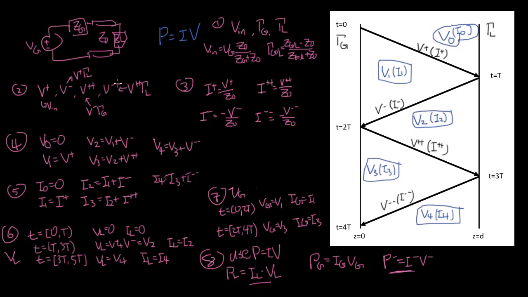So there's a lot of math, but really it's addition and subtraction. The main tricky part you have to be careful about is that when you're calculating negative currents, remember you take the voltage value and don't forget to add a negative sign after you divide it by the characteristic impedance of the transmission line, Z0. Once you have these negative signs and you didn't forget them, the rest is just a matter of bookkeeping and adding the correct values.